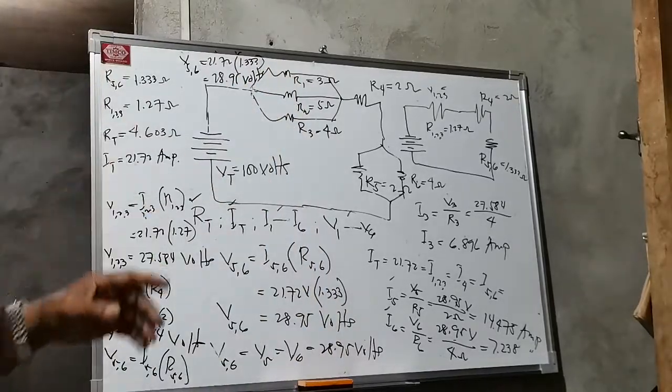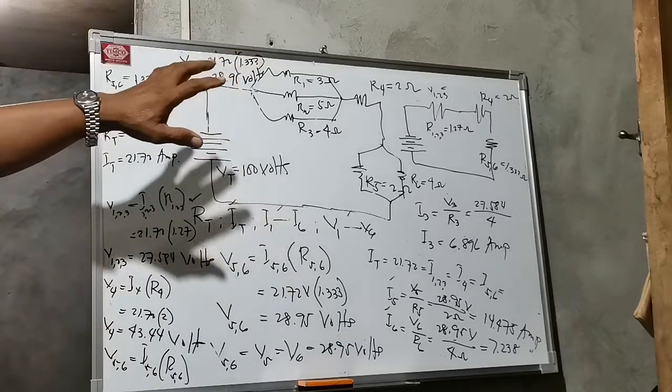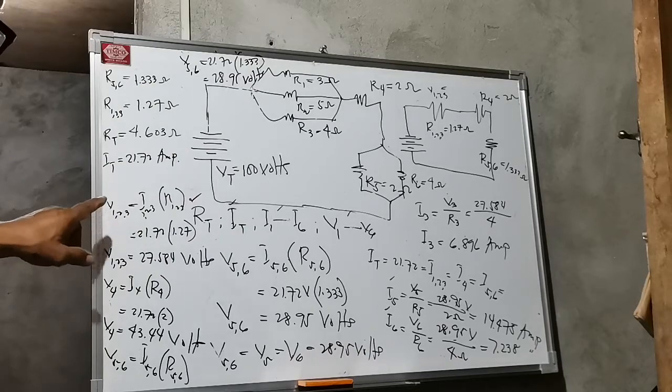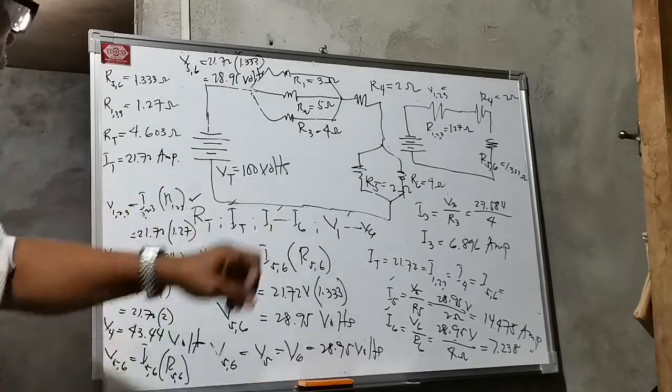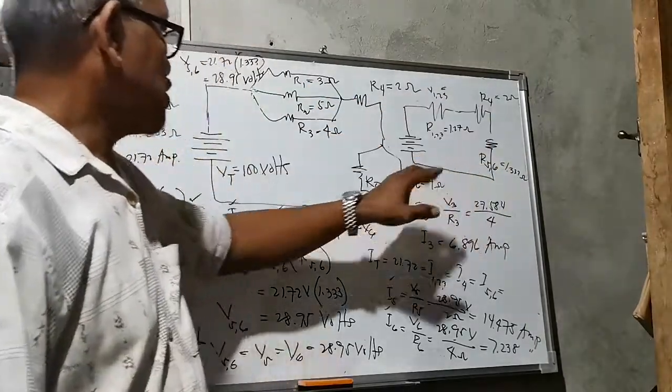Now we are going to check. This is now the final computation. If we are correct, then we can prove that V123, V4, and V56 should be equal to 100 volts since they are connected in series.